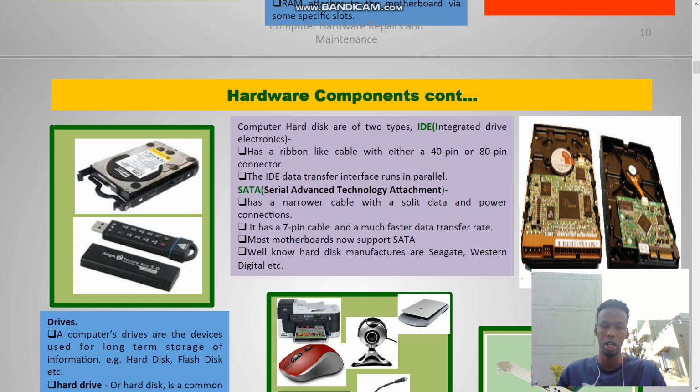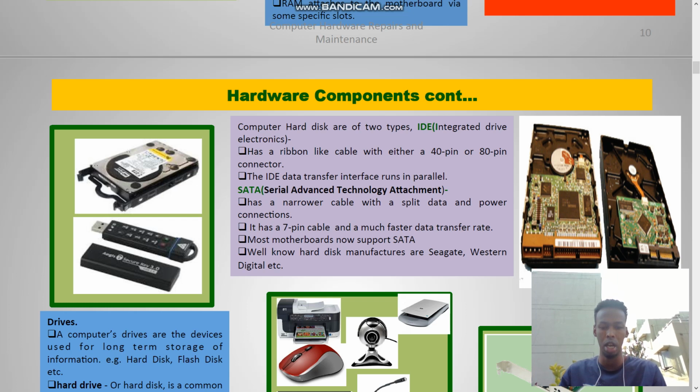Hard disk. There are two types of computer hard disk: IDE and SATA. IDE is integrated drive electronics. It has a ribbon-like cable with either a 40 pin or 80 pin connector. The IDE data transfer interface runs in parallel. SATA, serial advanced technology attachment, has a narrow cable with data and power connections.